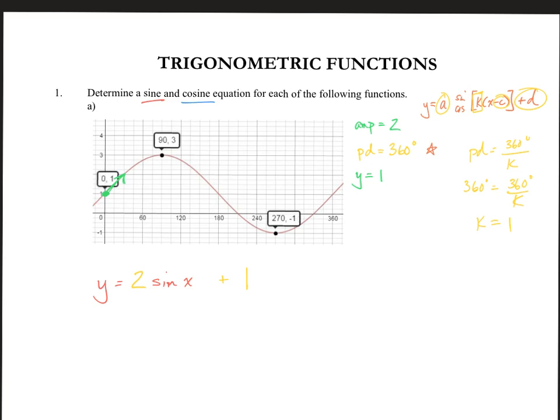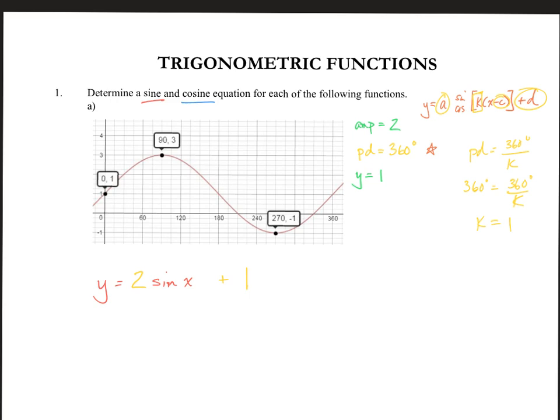So there is us coming up with the equation if we were given a sine graph. Let me just get rid of that green arrow at the very beginning. And now let's address the second case.